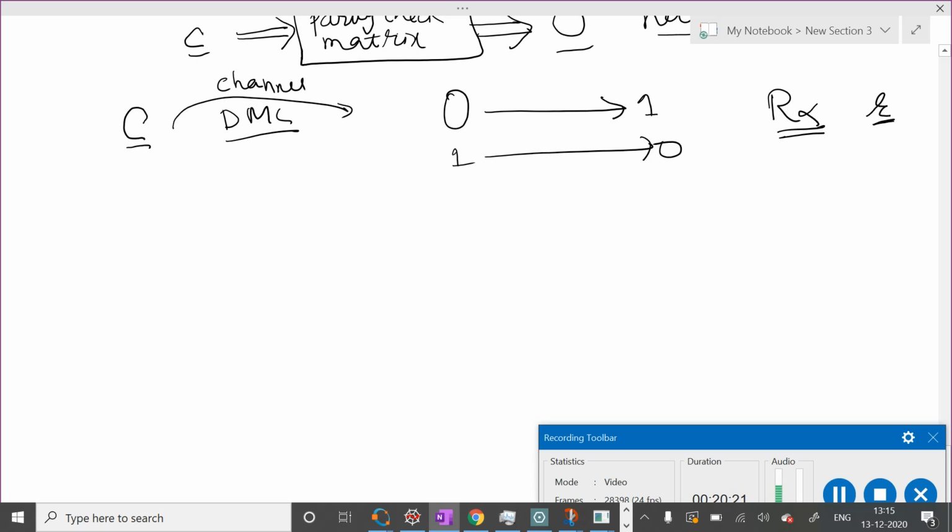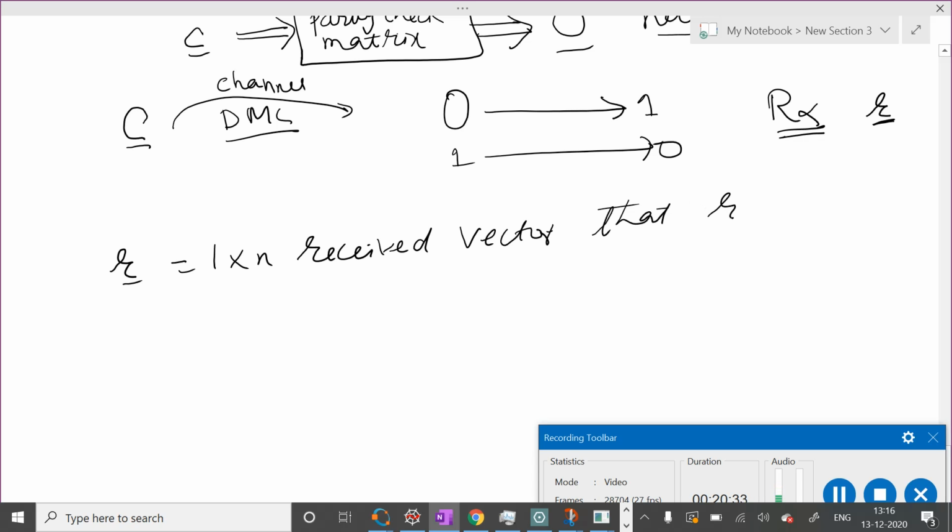So R is a 1 cross n received vector that results from sending the code vector C over a noisy binary channel.